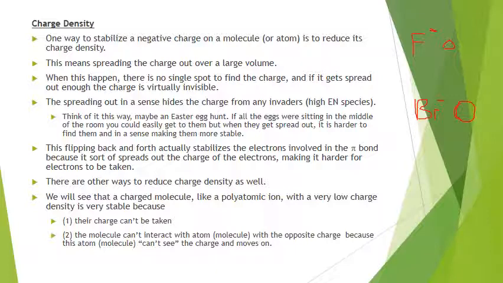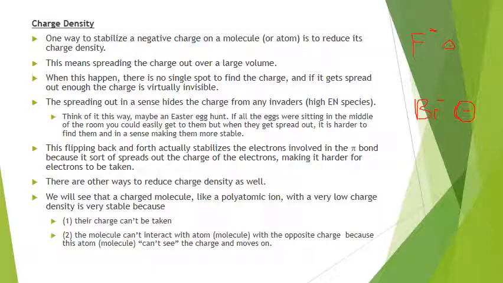Fluorine is a relatively small atom and bromine is a larger atom. They both have a negative charge on it. In this case, bromine would have a lower charge density, because you can think of charge density as charge per volume. So this would have a lower charge density than fluorine.